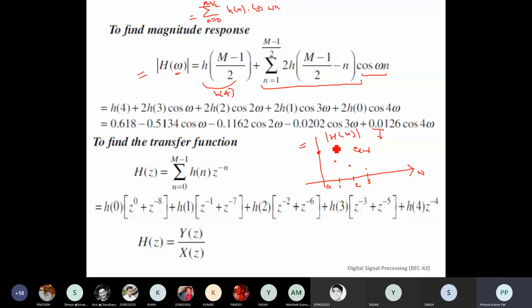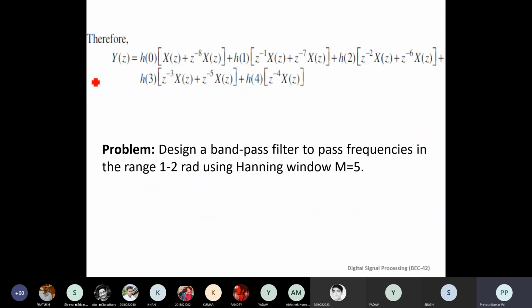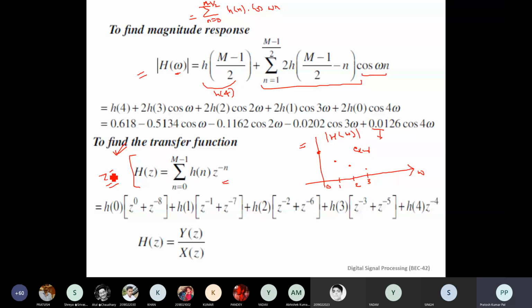Similarly, we need to find the transfer function. To find it, this is the Z transfer formula: whatever h of n we have found, we expand it by multiplying by z to the power minus n, for n ranging from 0 to M minus 1. After arranging, we get the transfer function h of z.